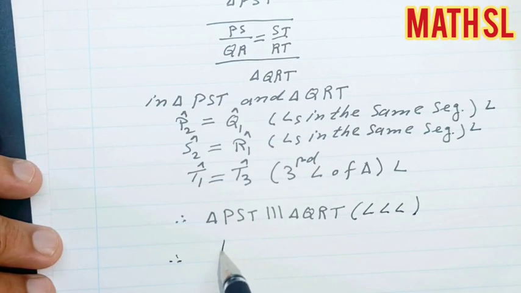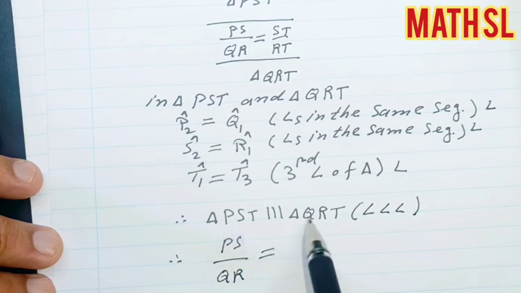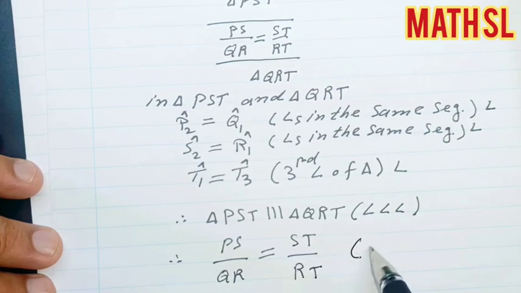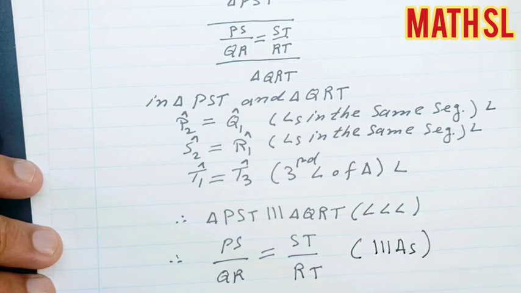So PS, the first two letters, over QR, first two, and then the last two, ST, over the last two, RT. And the reason is similar triangles. This we prove finished.